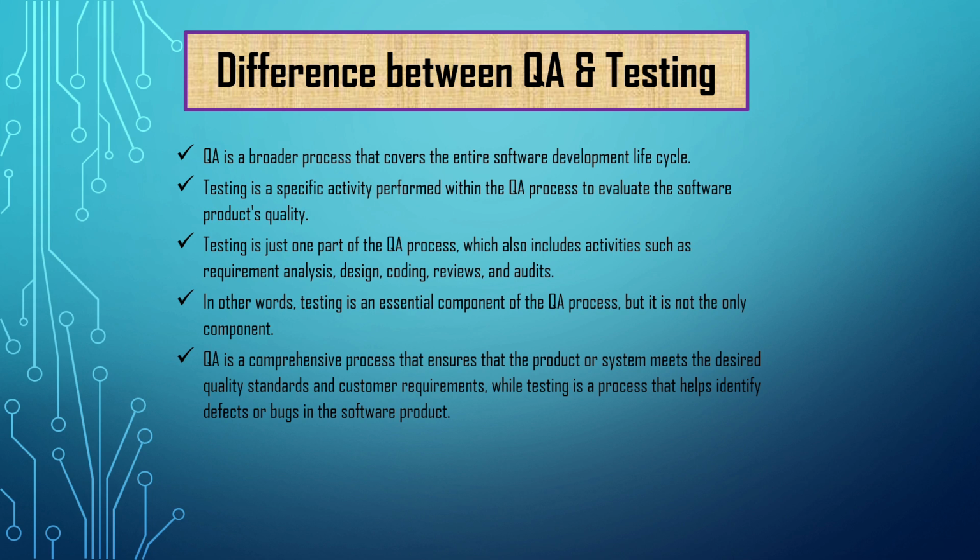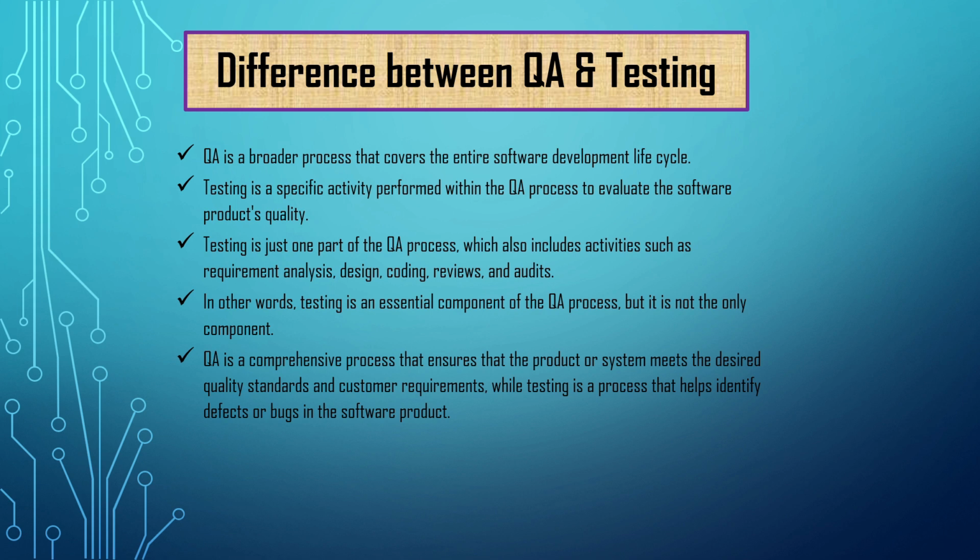As I said earlier also, testing is a specific activity performed within the QA process, meaning it's a part of the QA process to evaluate the software product's quality. So testing is just one part of the QA process, that's all, while QA also includes activities such as requirement analysis, design, coding, review, and audit. In other words, testing is an essential component of the QA process, but still it's not the only component.